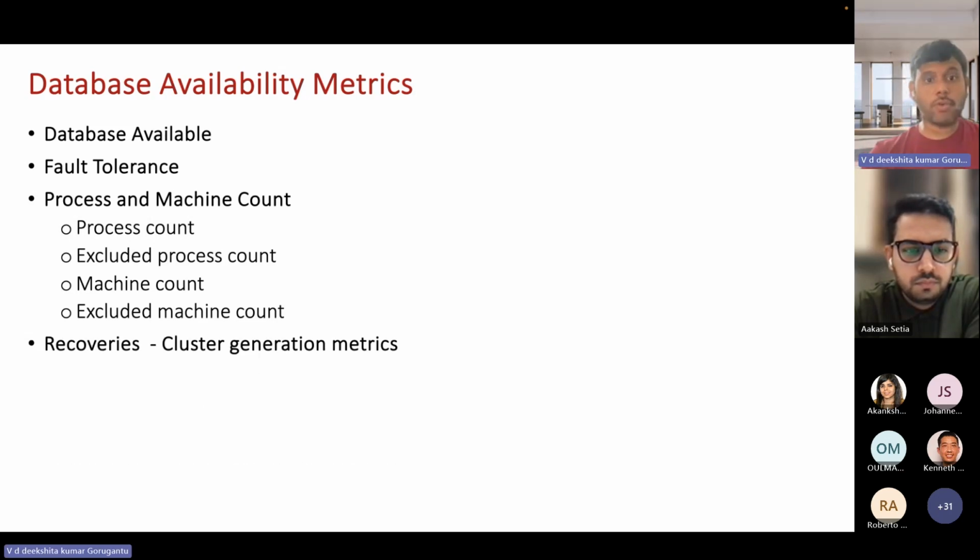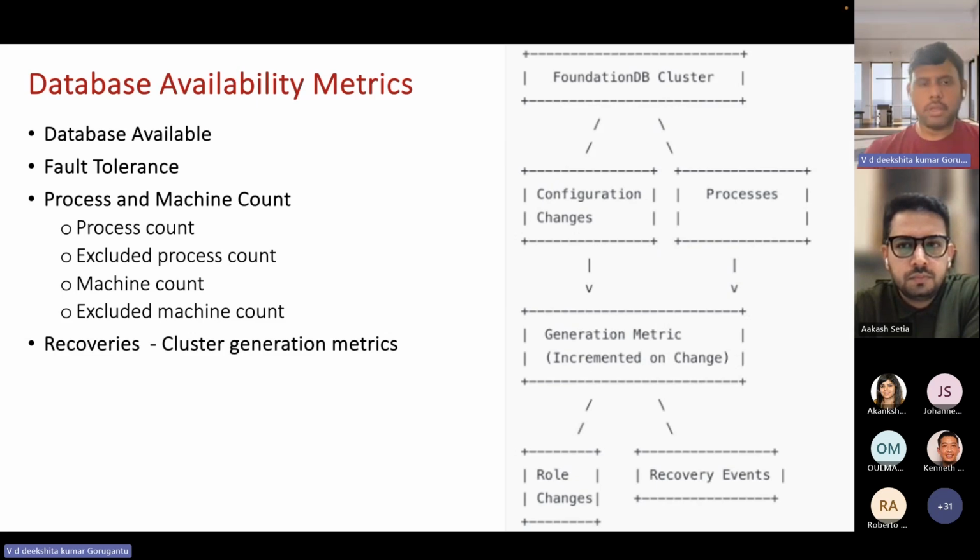Then this is also one of the important metrics: recoveries, which is called the cluster generation metric. In FoundationDB, when we discussed the architecture diagram, we discussed the roles. Whenever any role change happens, like in the transaction system, if any cluster controller or some role change happens, immediately FoundationDB internally triggers a recovery.